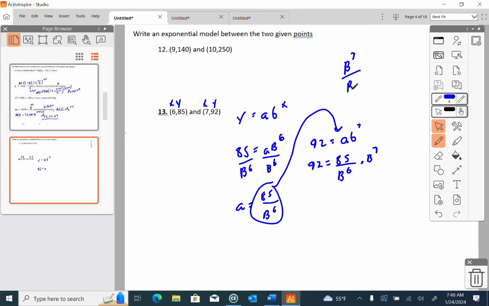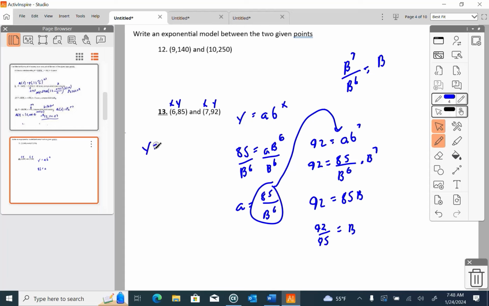You guys have been taught your rules of exponents. B to the seventh over b to the sixth is b. 92 equals 85 b. So b is 92 over 85, a not so pretty number.